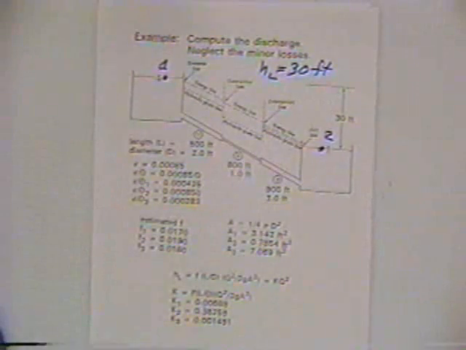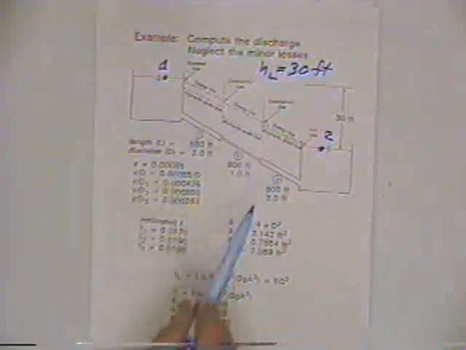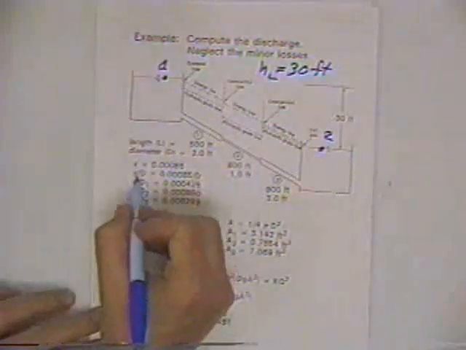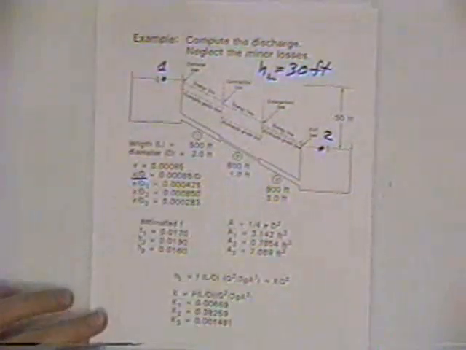So we know the total head loss based on the energy equation is going to be 30 feet again. We're going to neglect minor losses again to simplify the problem and use Darcy-Weisbach to estimate the frictional resistance losses in each of the three pipes. So we need a relative roughness.